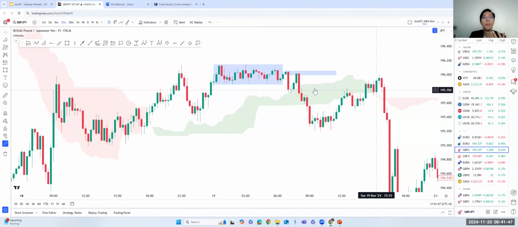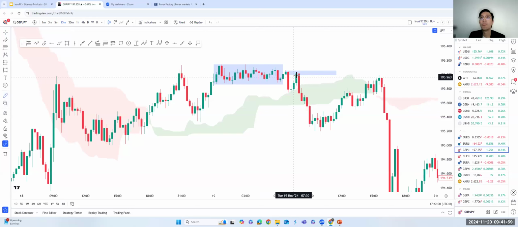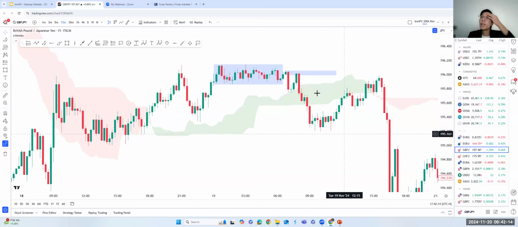Like 4 p.m., even though this is super early Asian timing, we have this area. If you were like me, I only target to this low. This low is about 60 pips.